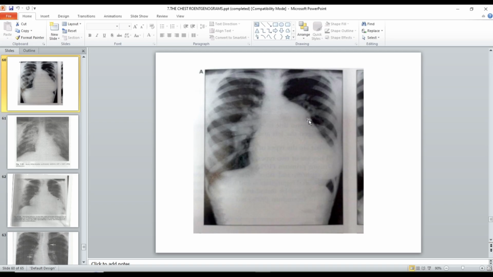The left pulmonary artery is also prominent. The right pulmonary artery is very much thickened. This is a typical case of shunts in which the pulmonary arterial pressure is increased, and this is commonly seen in ASD, VSD, and PDA.